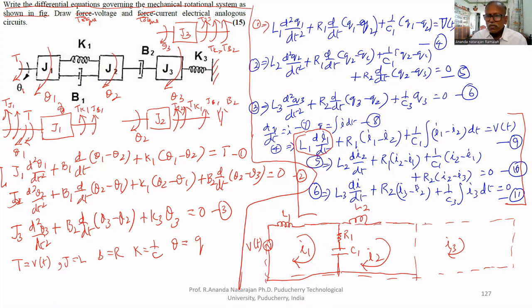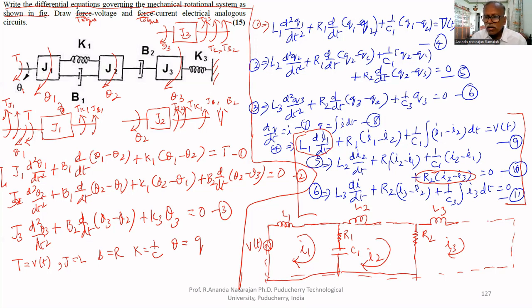Third loop: L3 is there. R2 is common to the second loop and the third loop, therefore we have to mention R2 here.